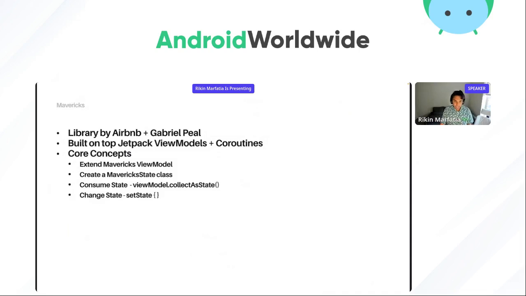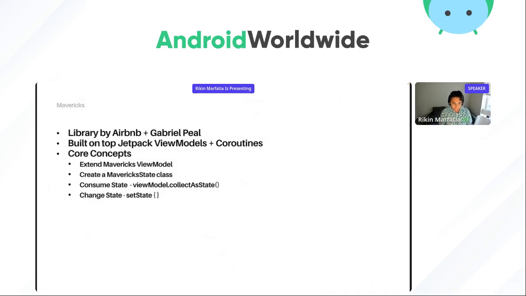And the core concepts here are, and we'll look at the code in a minute, that we need to extend the Mavericks view model, which does the majority of the state management stuff for us.